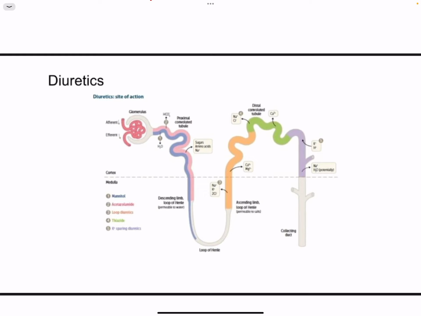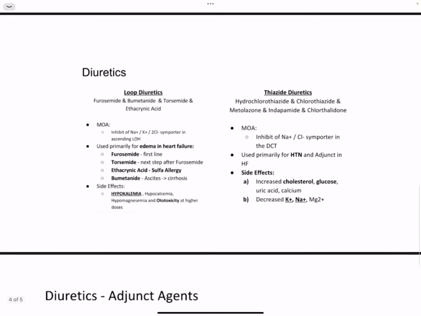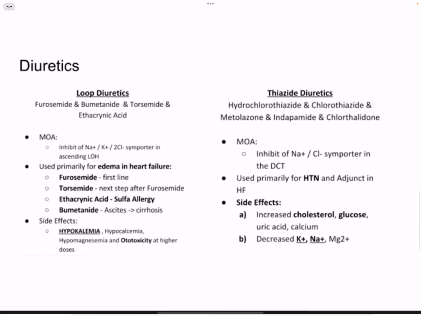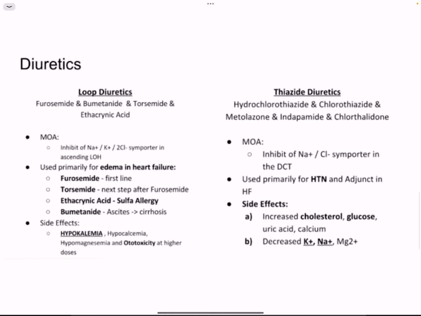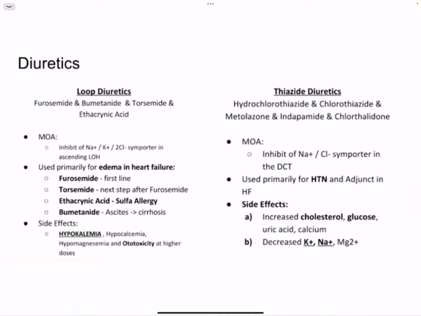Now we go to the others, because we will discuss all the three groups. First one, the loop diuretics. There are many names in these loop diuretics. I hope, inshallah, you will not use any one of them, because you are not directly related. But the one that you will see in your clinics quite commonly is furosemide.